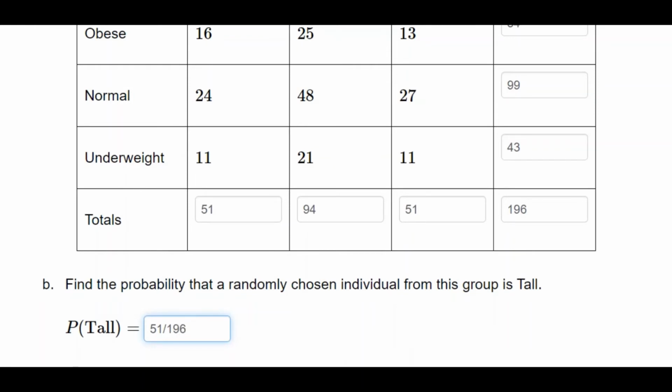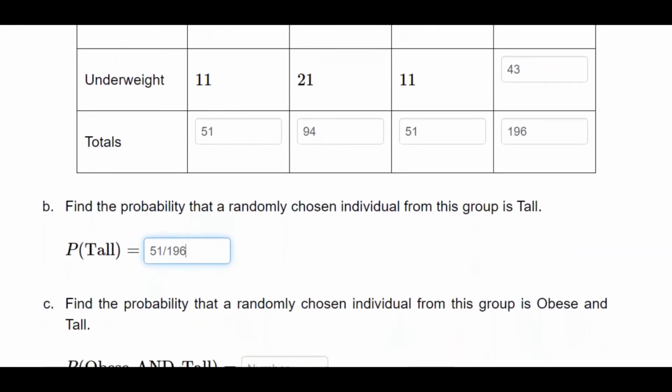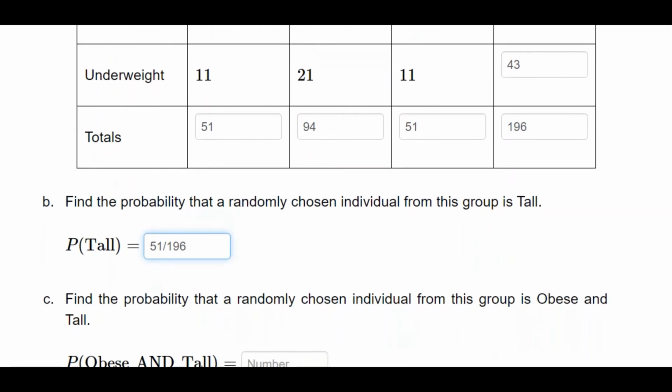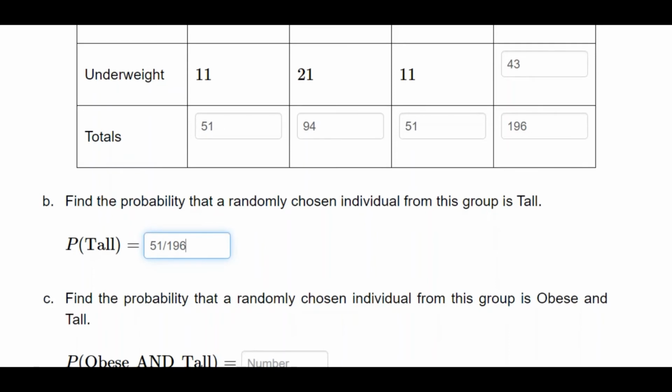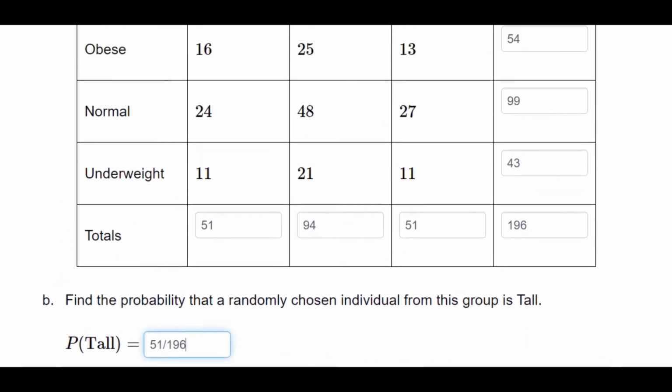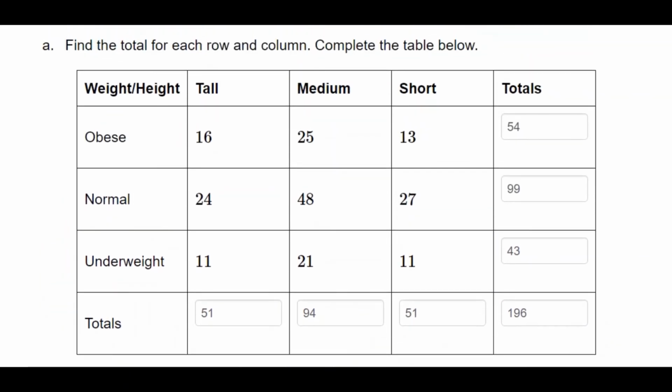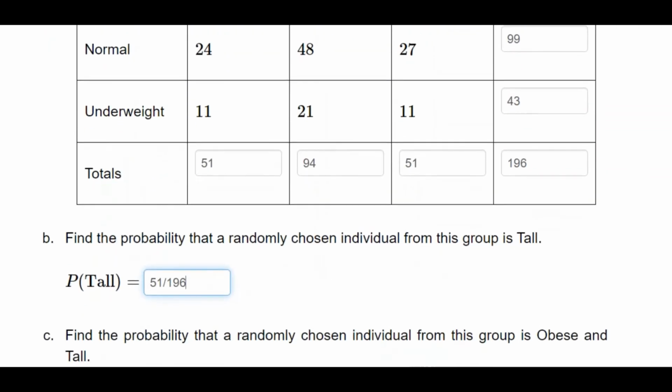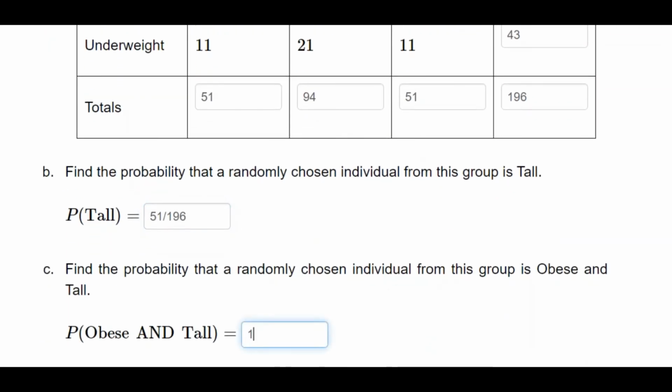And now we find the probability that a randomly chosen individual from this group is obese and tall. And we know that the word "and" represents intersection. So the intersection of obese and tall people in the contingency table is 16, obese and tall. So we enter 16 divided by 196.